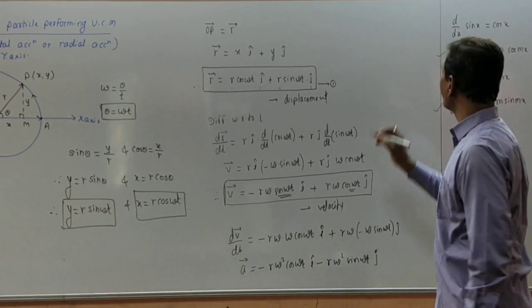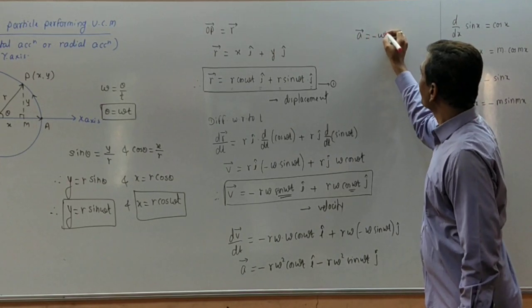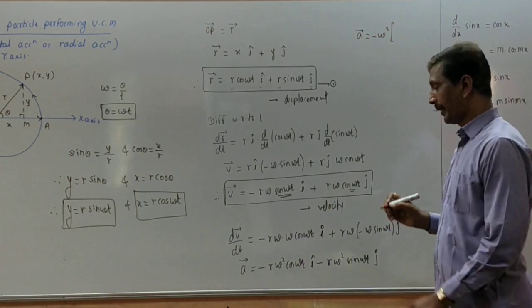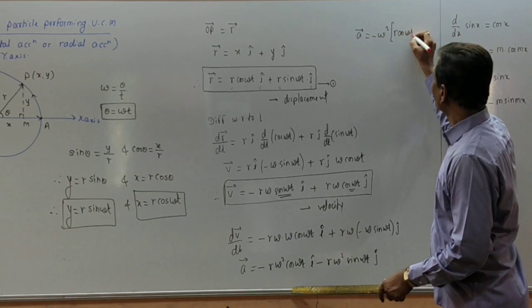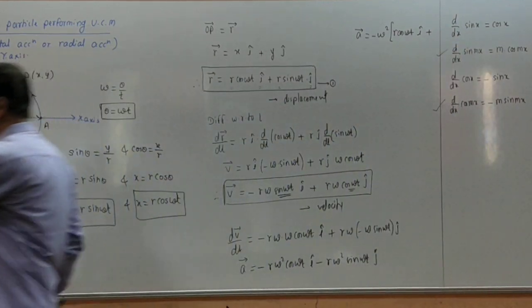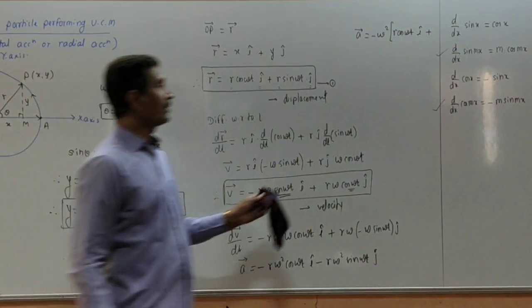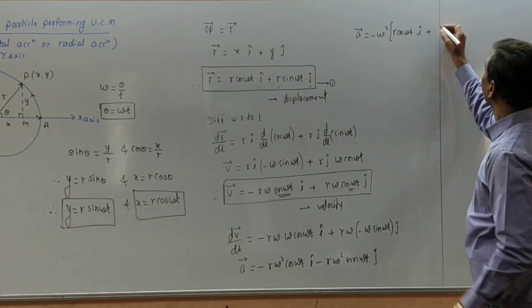Now take minus omega square as common, so we get a bar is equal to minus omega square into r cos omega t into i cap plus r sin omega t into j cap. What is this expression? From equation 1 it is r bar.